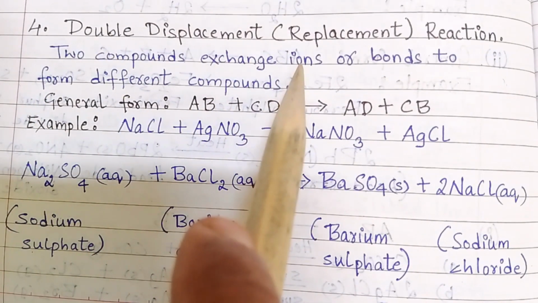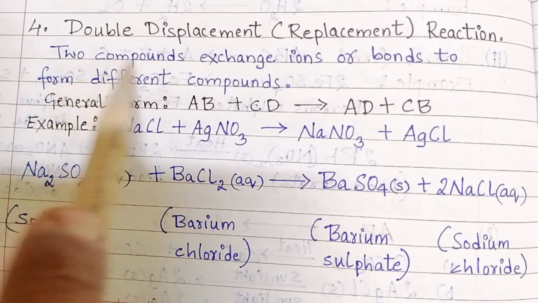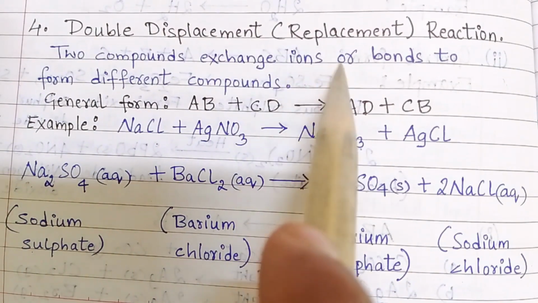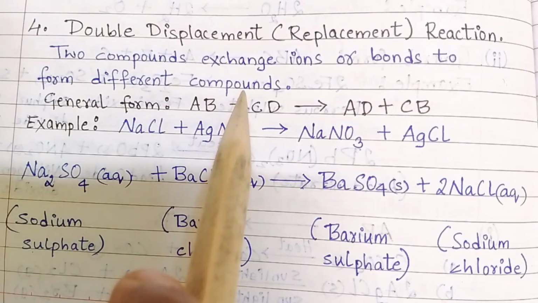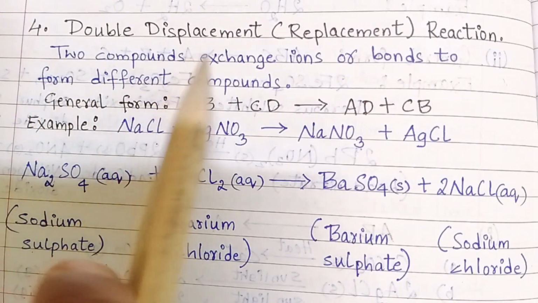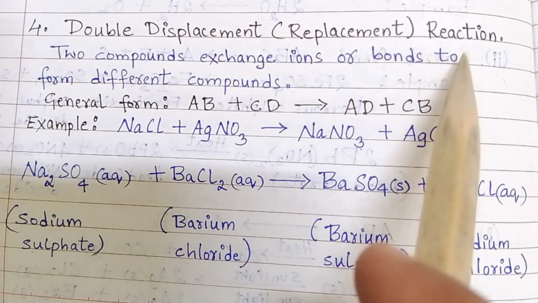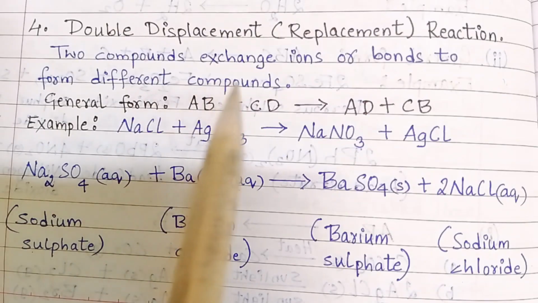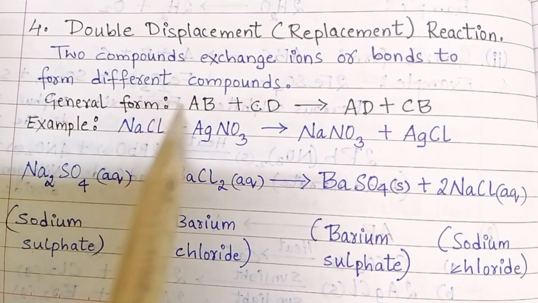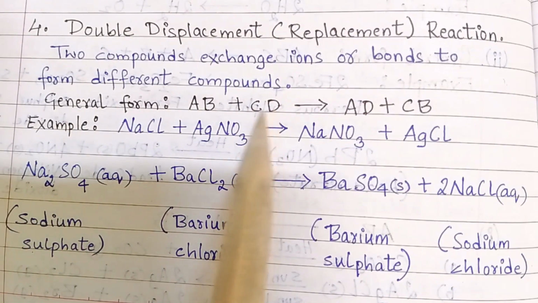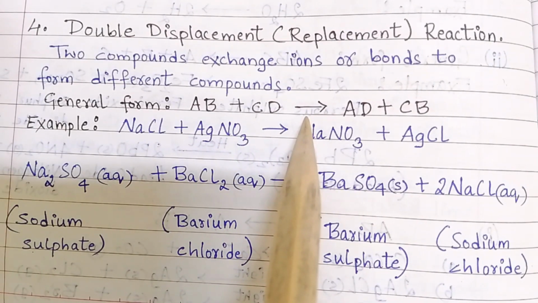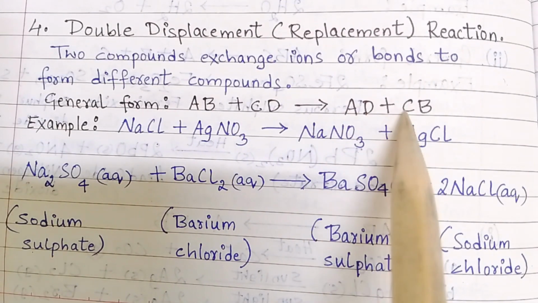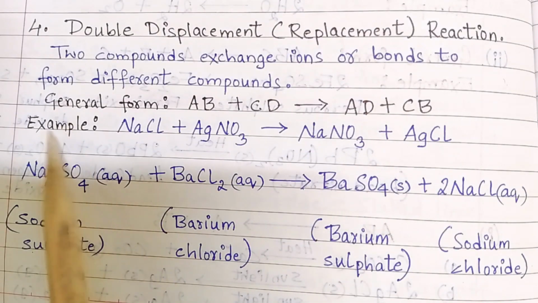Two compounds exchange ions or bonds to form different compounds. General form: AB plus CD, forward direction AD plus CB.